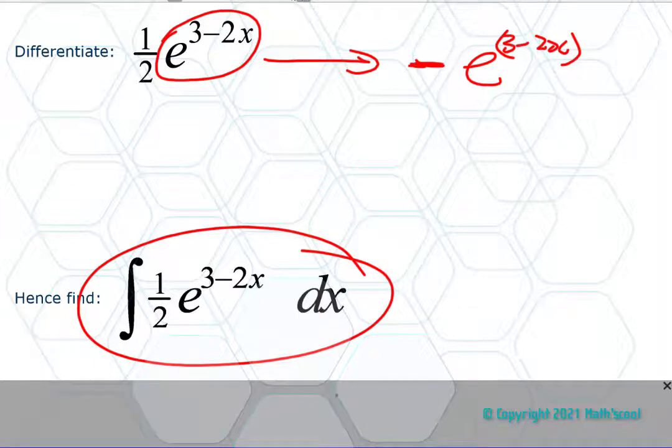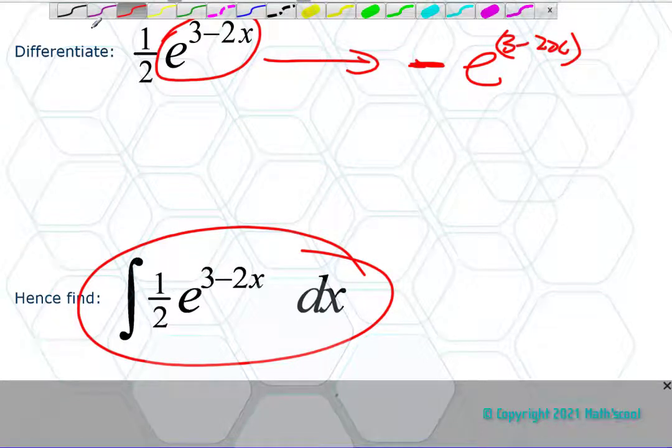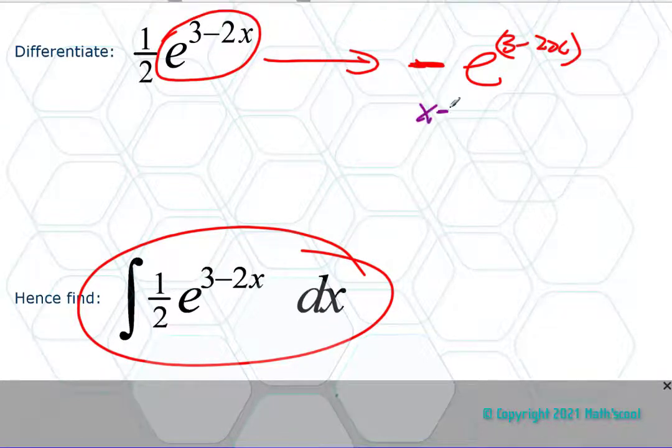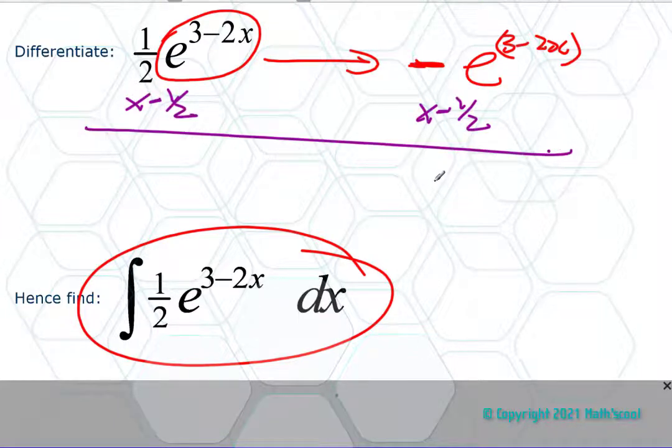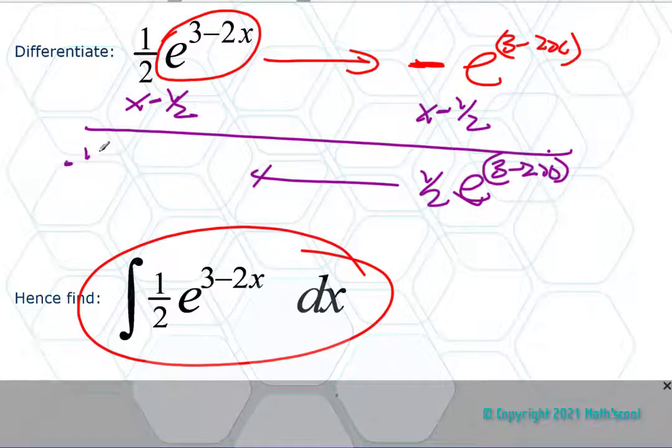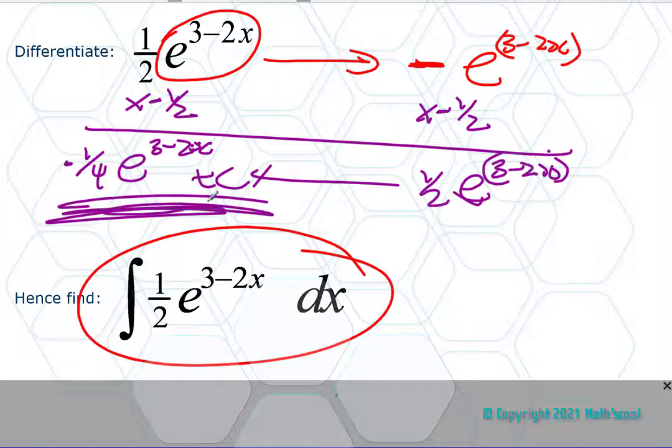So I'm going to times both sides by minus a half. And so that gives me a half e to the 3 minus 2x gives me minus a quarter e to the 3 minus 2x plus c is my answer. There's my answer on the left hand side.